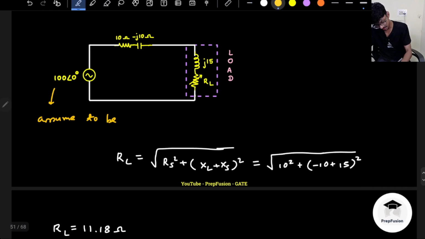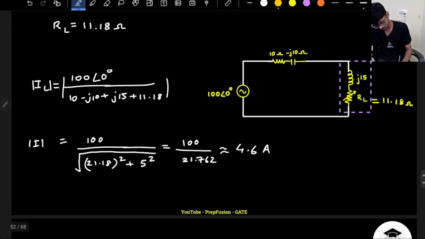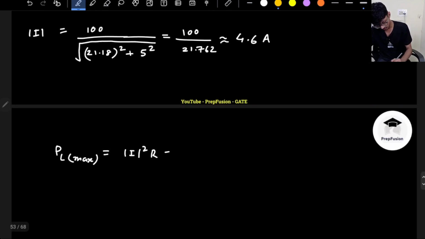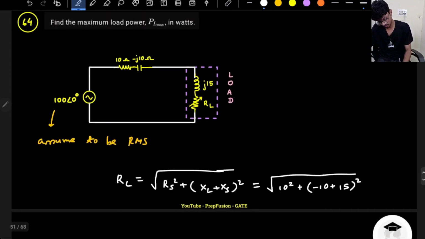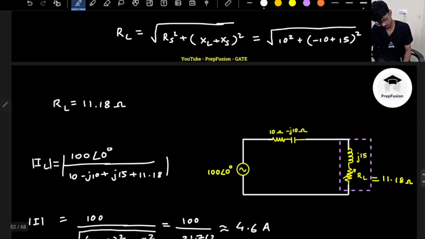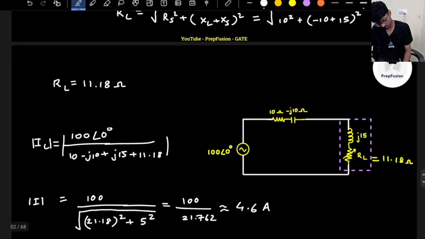But generally, in standard questions it will be mentioned, don't worry. So this is also RMS, so it will be 4.6 whole square into R, that is 21.11 into R. So RL is 11.18.